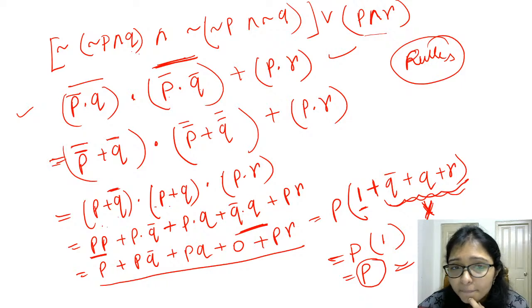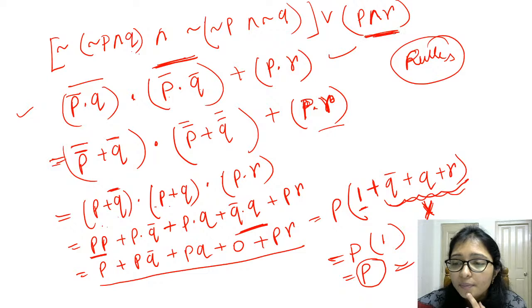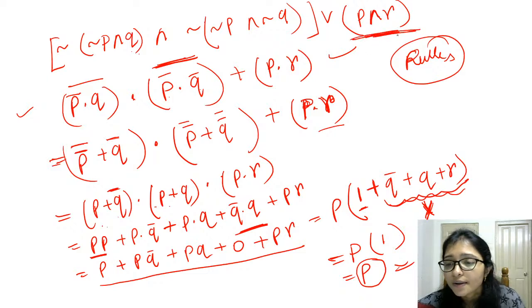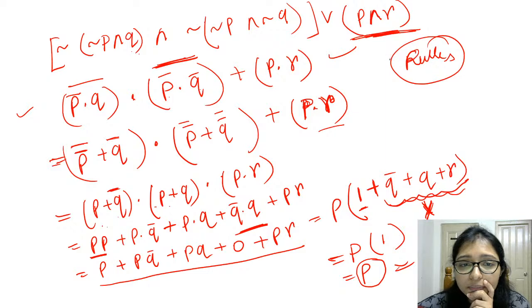What mistake? Plus PR. Yes, there is plus PR. PR was there in the question. Third row, plus PR is missing.